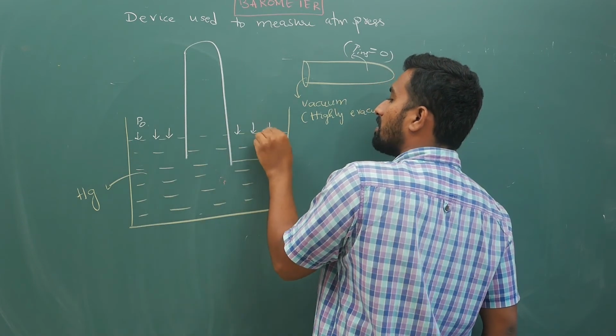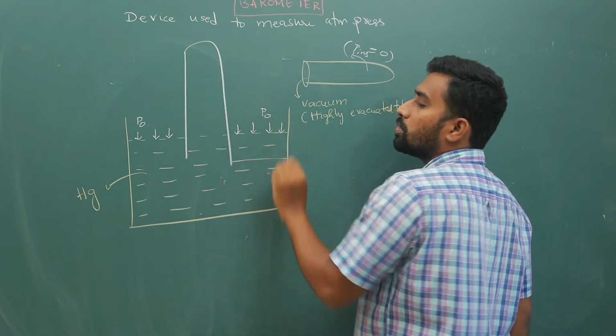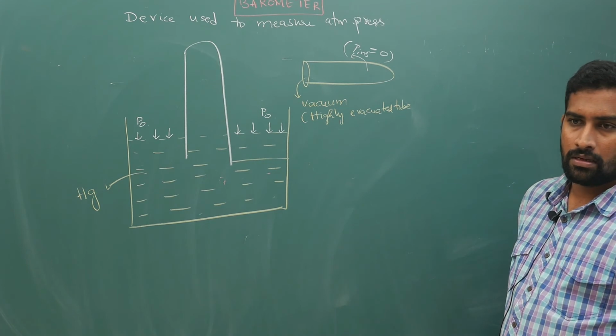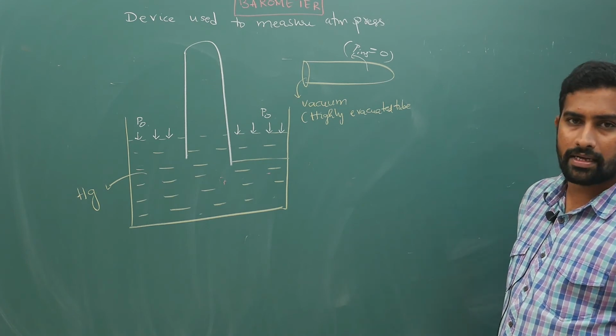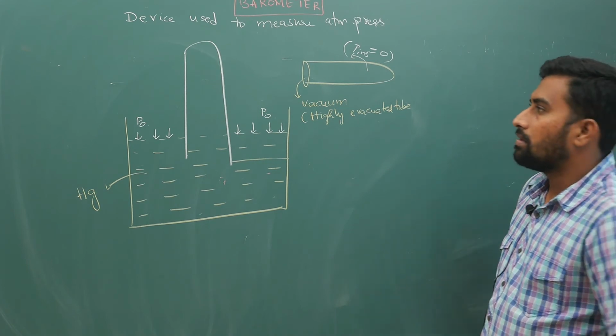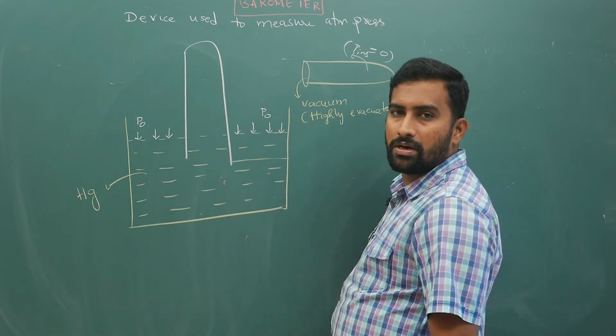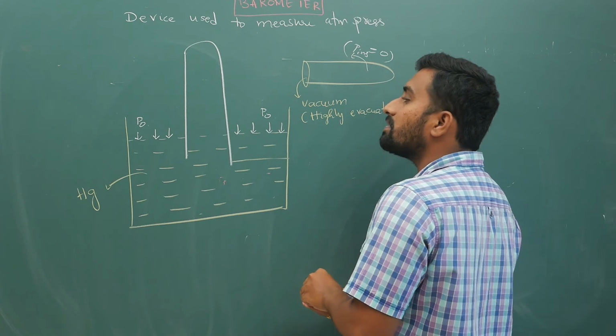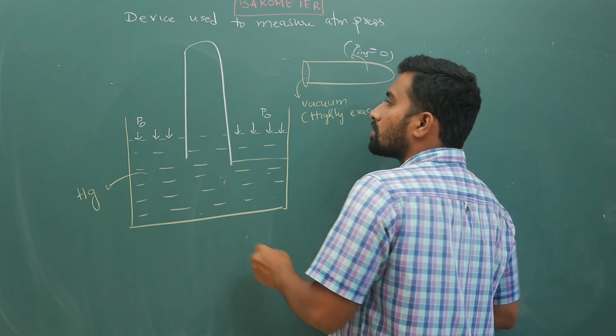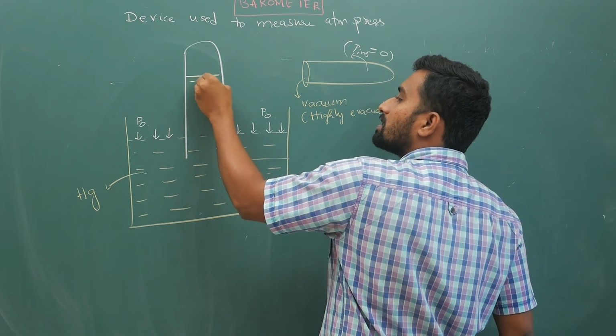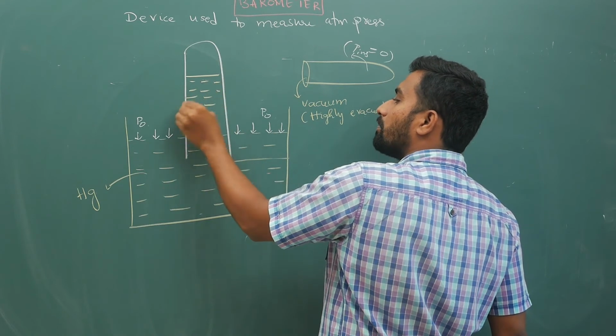Everywhere you have atmospheric pressure P naught. Now what exactly did happen next? Your pressure on top is zero, on the surface here is P naught. So because of pressure difference, liquid will start flowing upwards. So as a result, your liquid will rise upwards.